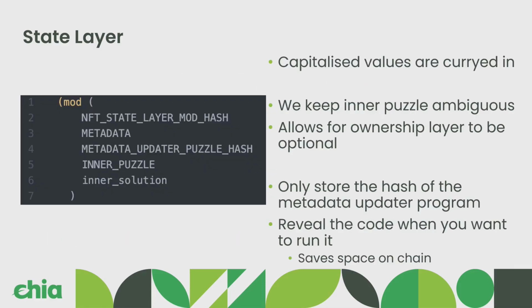This is the actual Chia Lisp code. Remember, the stuff that's in all capitals is curried in and a constant. The metadata updater is stored as a hash because it's run so infrequently, it's actually more efficient to just store the hash and reveal the code only when you run it, saving space on the chain. And then we have an opaque inner puzzle, which this layer doesn't care about.